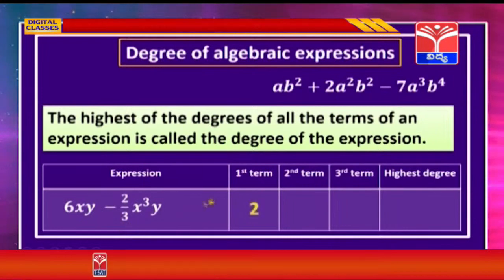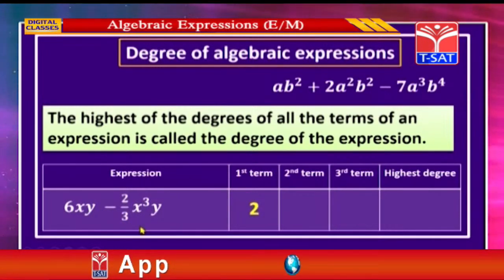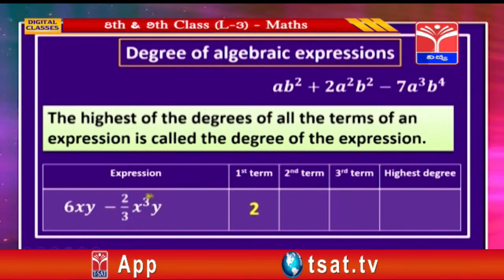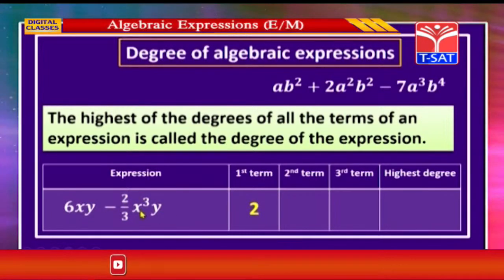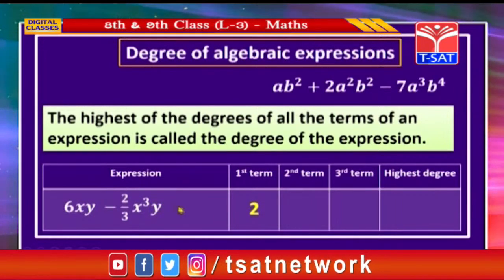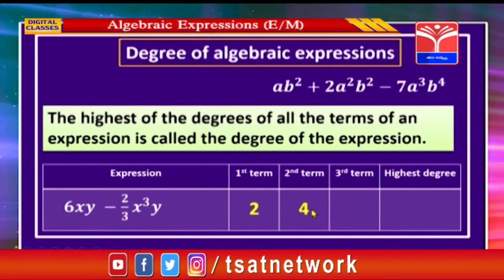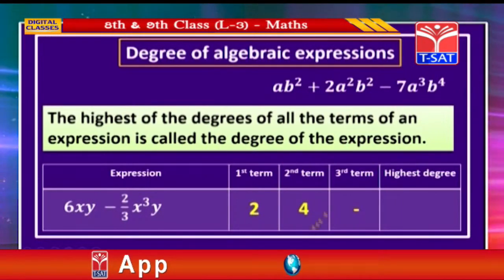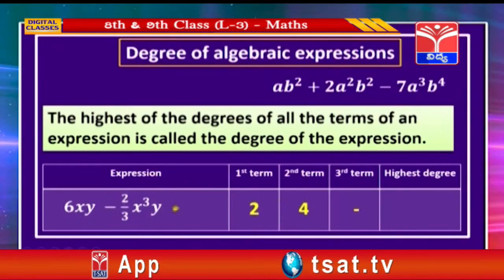Therefore the degree of the first term is 2. Now what is the second term, children, here? Minus 2 by 3 x cube y. What will be the degree of this one? Here x to the power of 3 and y to the power of 1, that is 3 plus 1. So 4 is the degree of the second term, and we don't have a third term, so we don't have to worry. Out of these two terms, which is having the highest degree?